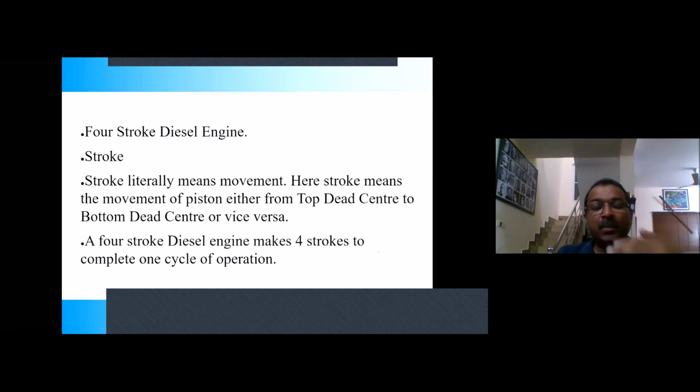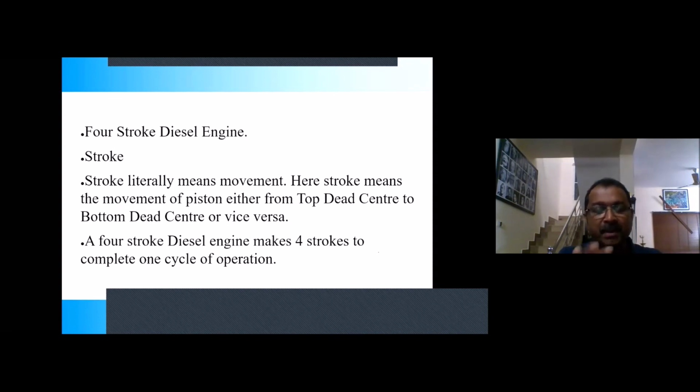So we will be moving over to the 4-stroke diesel engine. These days, all diesel engines are four-stroke diesel engines. By this, we mean that in order to complete one cycle of operations, 4 strokes are to be made.